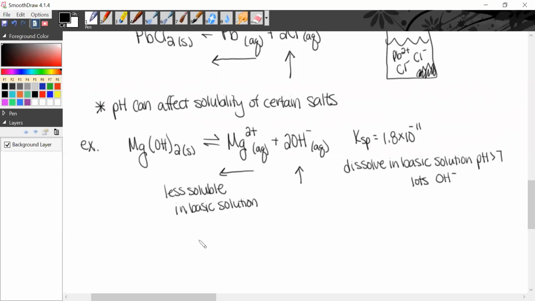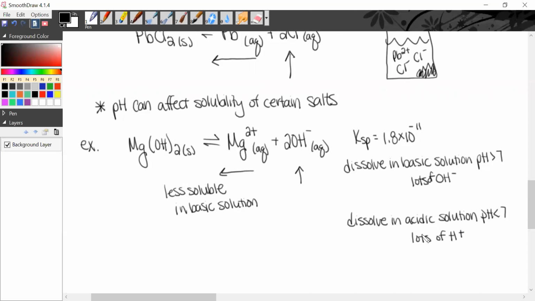But your next question should be, what would happen if it was in acidic solution? If we try to dissolve this same salt in acidic solution, like a pH less than 7, you're trying to dissolve this in a solution that has lots of H+. That might not be super obvious, because you don't see any H+ in this equilibrium expression. So what effect is that going to have?